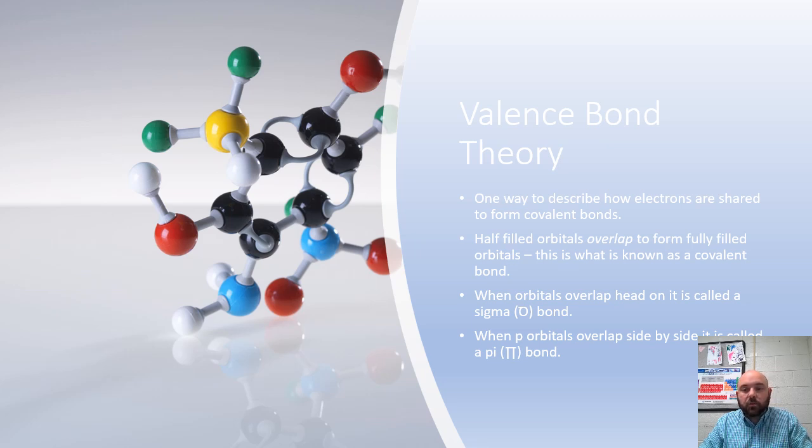We will see that when orbitals overlap head-on, we call the bond a sigma covalent bond, and when p orbitals overlap side by side, we are going to call that a pi covalent bond, and we'll see some drawings and examples of those on the next couple of slides.